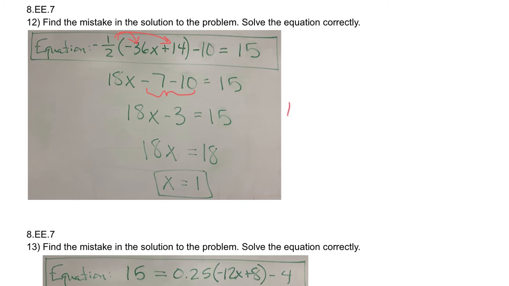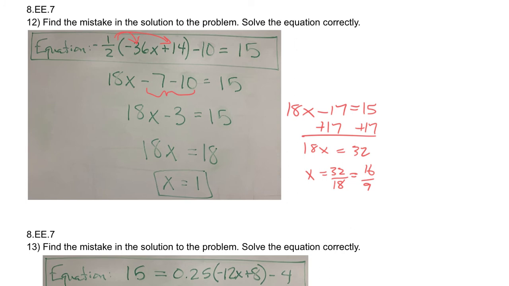So it should have been 18x minus 17 equals 15. And then we would add 17. 18x equals 32. x equals 32 over 18, which is 16 over 9. Yeah, just keep it like that.